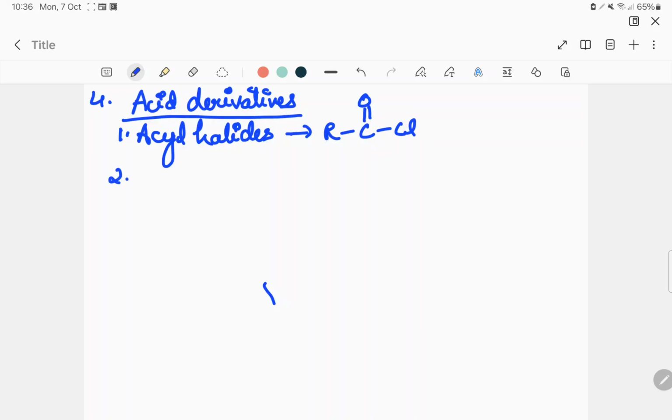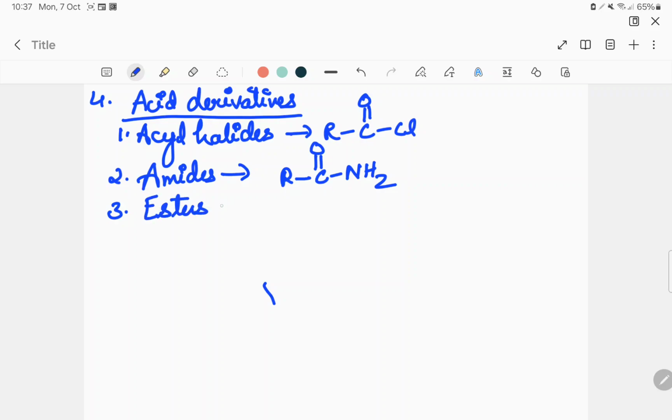Then the second one which we have is amides, where the OH group is substituted by the NH2 group. Then third we have esters. In esters, OH has been substituted by OR.